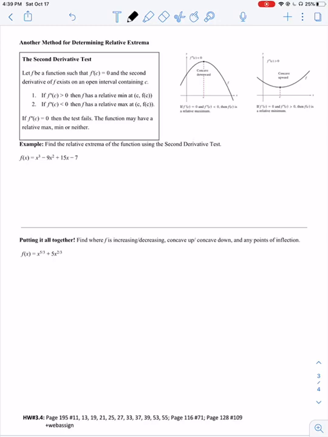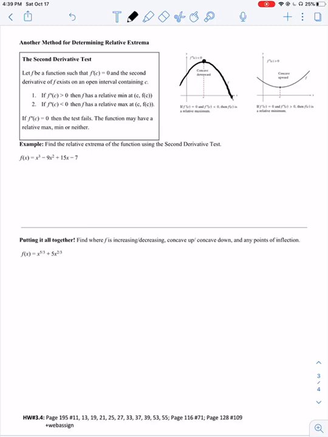If f double prime of c, so the same point, is greater than 0, then f has a relative minimum at c. And if f double prime of c is less than 0, then f has a relative maximum. Visually, remember that when f double prime of c, the second derivative, is less than 0, that means you are concave down.